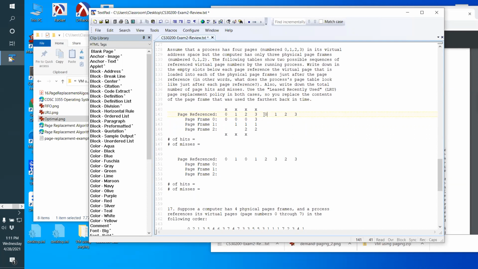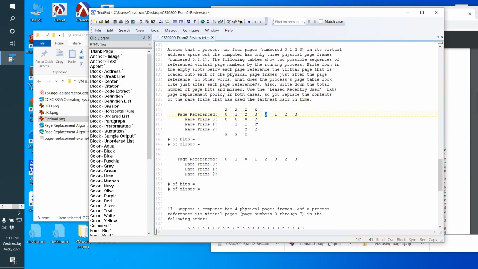So now, who do we kick out? Well, we kick out the one that was least recently used. If we go back, 2 is in memory and was just used a little while ago. 1 was used just before that. So 1 was the least recently used. We want to bring in 0.